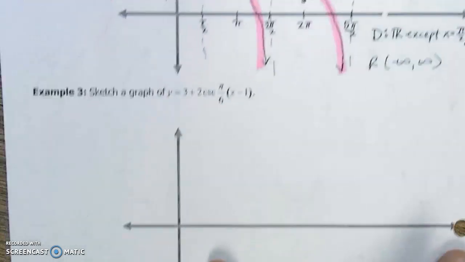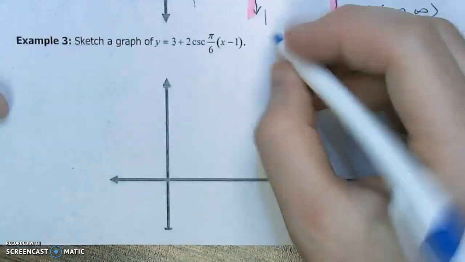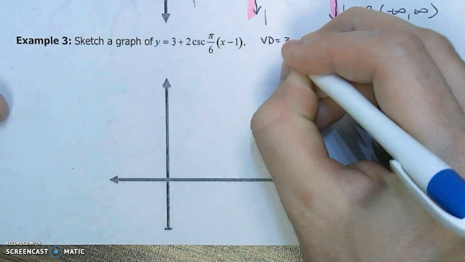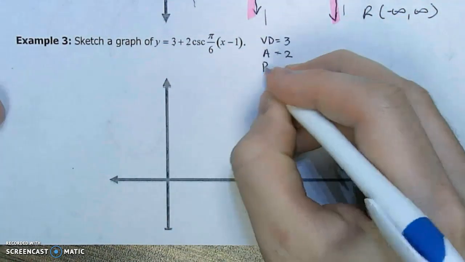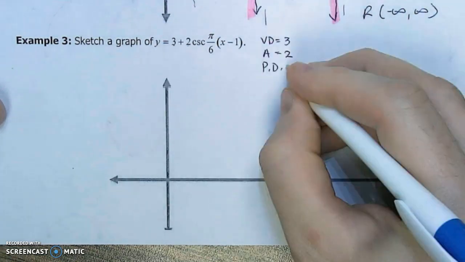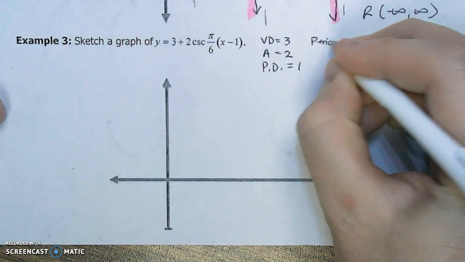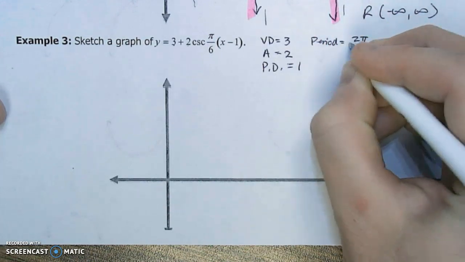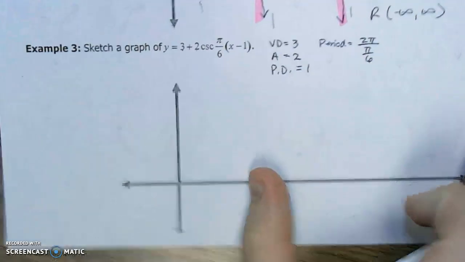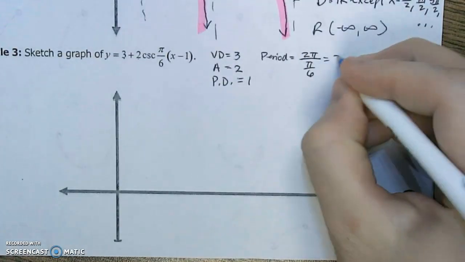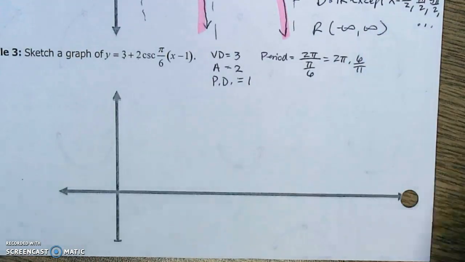Last graph, we've got a cosecant graph, and I'm seeing a vertical displacement of 3. I'm seeing an amplitude of 2, a phase displacement of 1, and a period of 2 pi divided by pi over 6, which is going to be 2 pi times the reciprocal, which is 6 over pi.